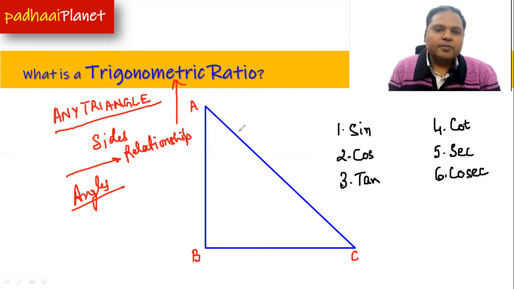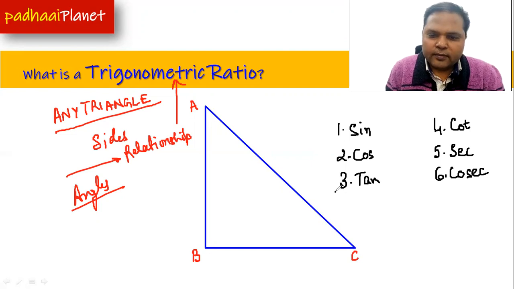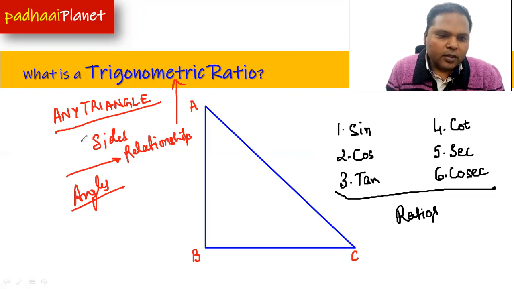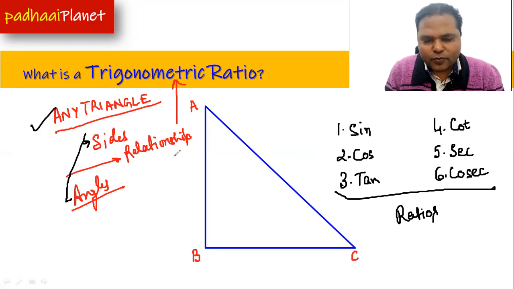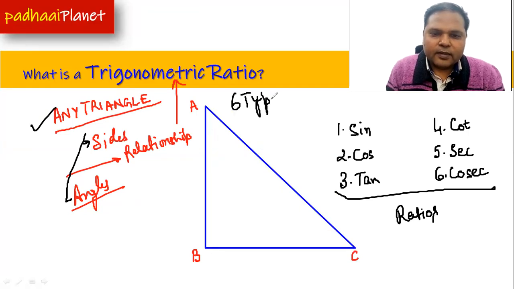Trigonometry is based upon these six ratios, and these ratios are understood in the form of sides and angles of a triangle. This is what we are going to discuss in this video in detail. So let's move ahead and understand how it works.